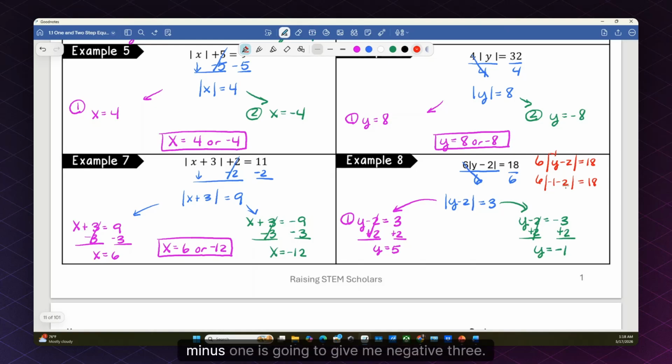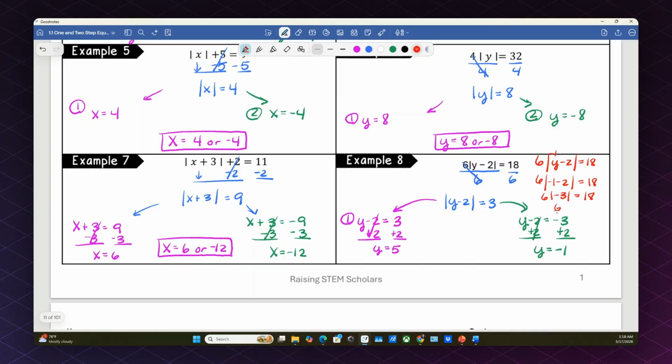Negative 1 minus 2 gives me negative 3. And the absolute value of that is positive 3. And 3 times 6 gives me 18. So that worked for that negative answer.